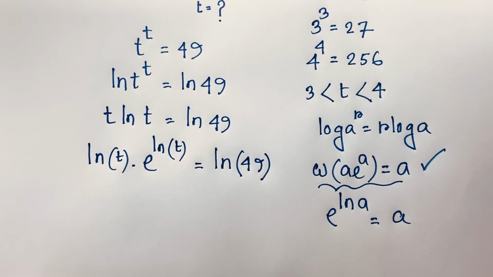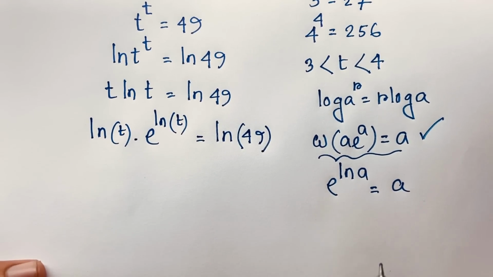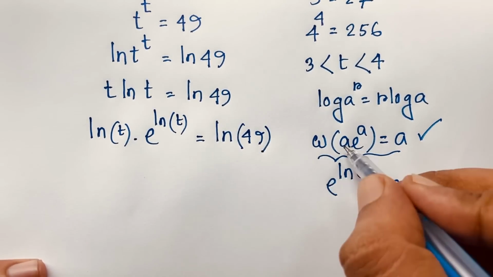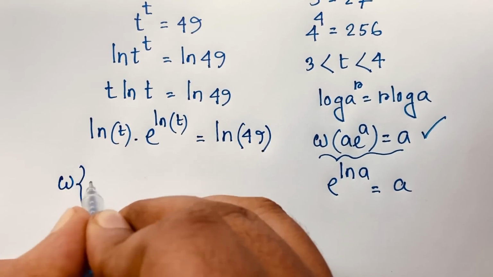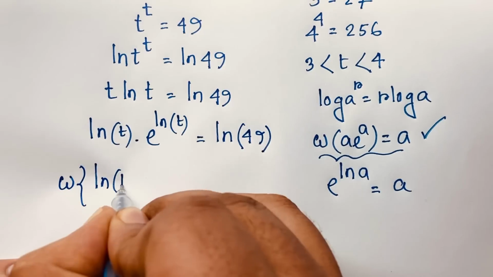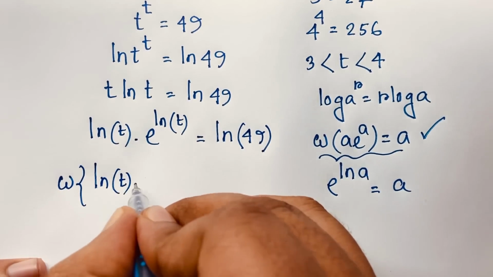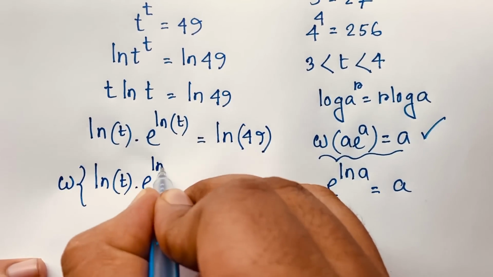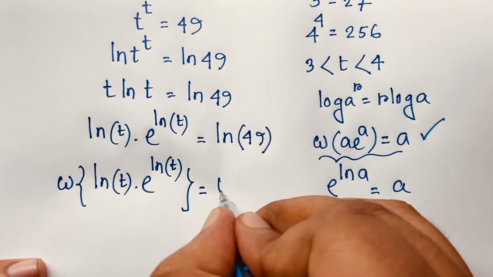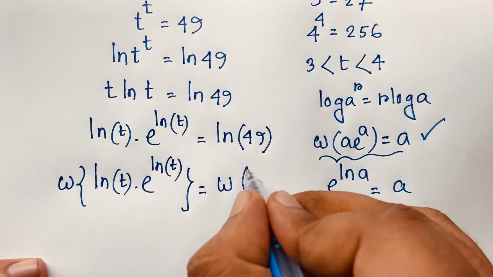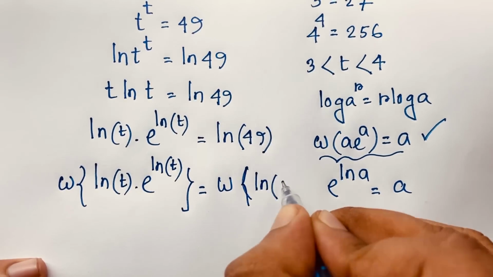Now at this moment I apply the Lambert W function on both sides, because of that I can apply this formula easily. So here Lambert W function of ln t times e to the power ln t is equal to Lambert W function of ln 49.